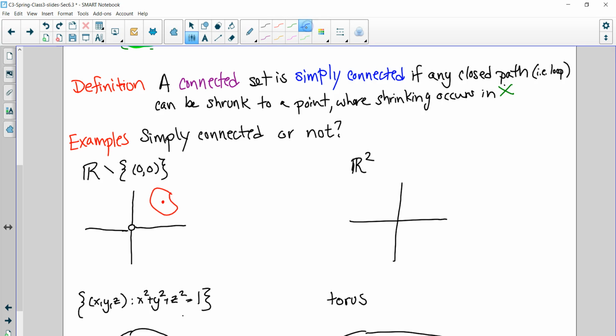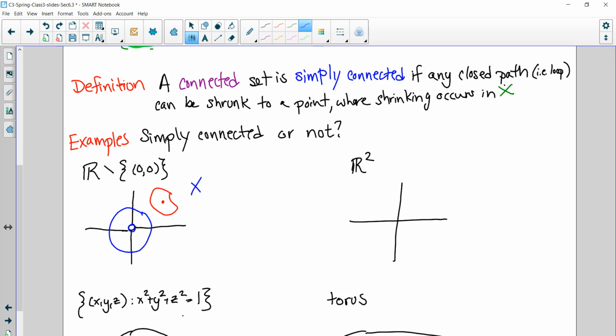But if I look at another path that is closed, like this blue one, that's going to shrink to something that is not exactly a point, because it's shrinking around the origin, but we don't have the origin. So this one is not going to be simply connected.